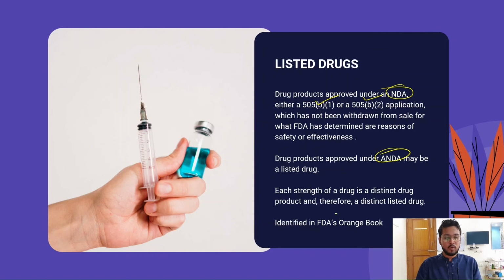All these listed drugs will be there in the Orange Book. Now, if you are new to the Orange Book and don't know how to search, I have made a detailed video on that. The link you can find on the I button. Now, one thing to keep in mind here is that each strength of a drug product will be an independent listed drug. This point is very important, and I'm going to explain it in my upcoming slides.